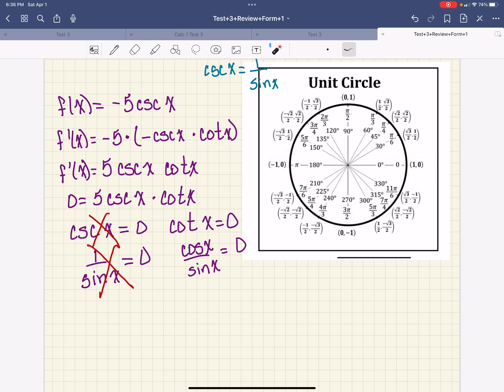So we know it's not going to be 0 or pi. But we can look and see where cosine of x is 0, because our numerator has to be 0. And cosine of x is 0 at x equals pi over 2 and x equals 3 pi over 2.